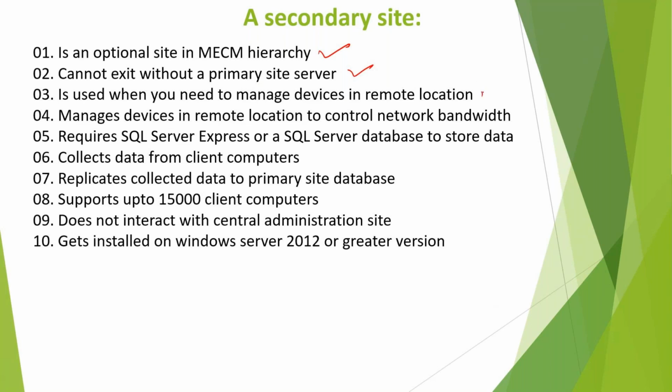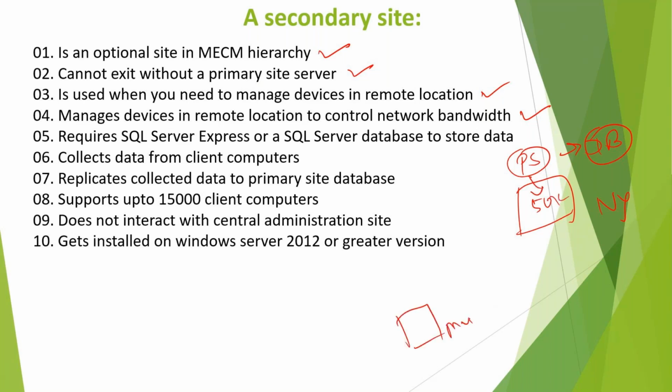It is used to manage devices in remote locations, the branch office computers, to control the network bandwidth. If you don't do that, for example, your primary is in New York. It has a database and it is in New York. It is managing these 50,000 devices. Now, what about the devices in Mumbai, which is like 5,000 devices?